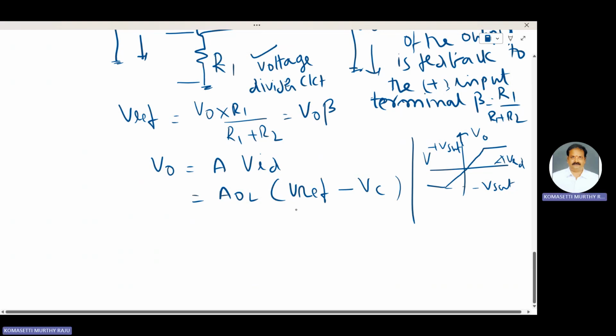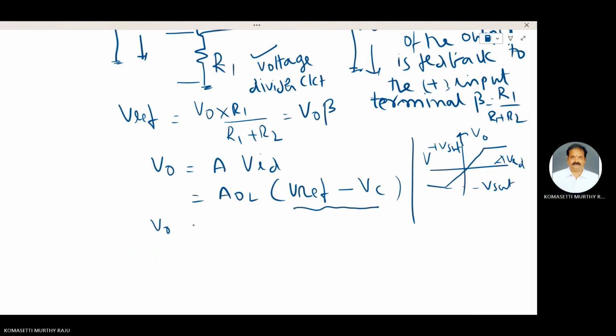Based on the sign of this difference voltage VID, the output V naught is obtained, either plus V sat or minus V sat.